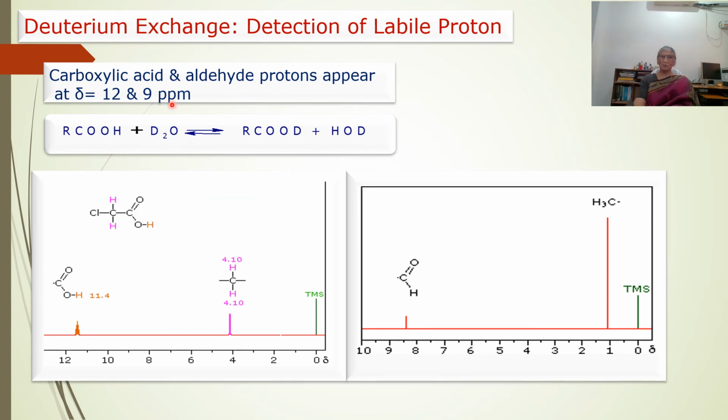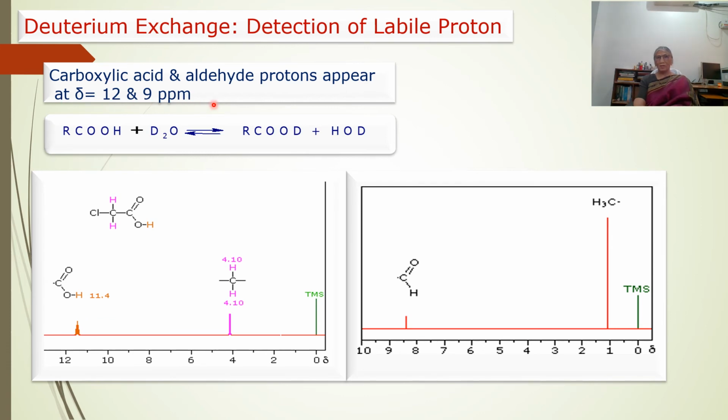Therefore, in the presence of deuterium oxide, the NMR spectrum of a carboxylic acid will not show the signal because of the acidic proton. Now, if we wish to distinguish between an aldehyde proton and a carboxylic acid proton, then this concept can be used, because the aldehydic proton and the carboxylic acid proton show a signal at 9 to 12 ppm.